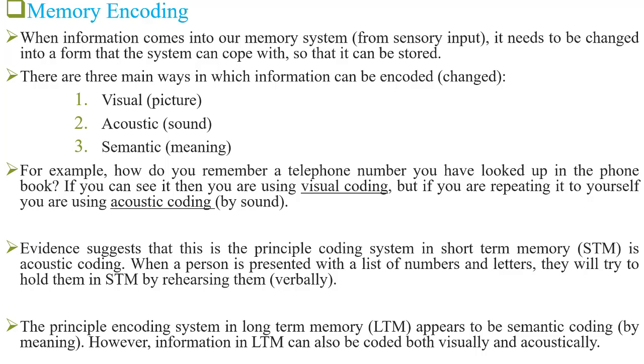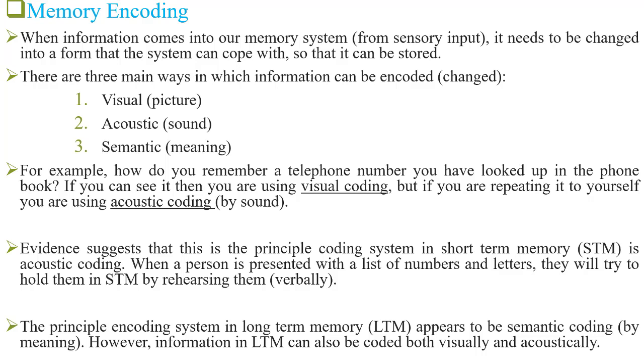Evidence suggests that the principal coding system in short-term memory, STM, is acoustic coding. So when a person is presented with a list of numbers and letters, they will try to hold them in short-term memory by rehearsing them. So when you rehearse something verbally, that is you store the information in short-term memory.